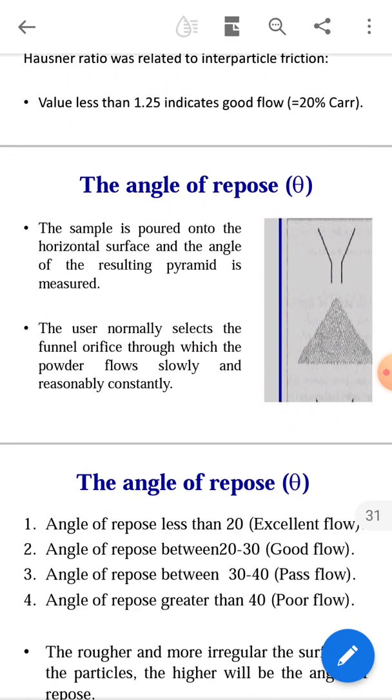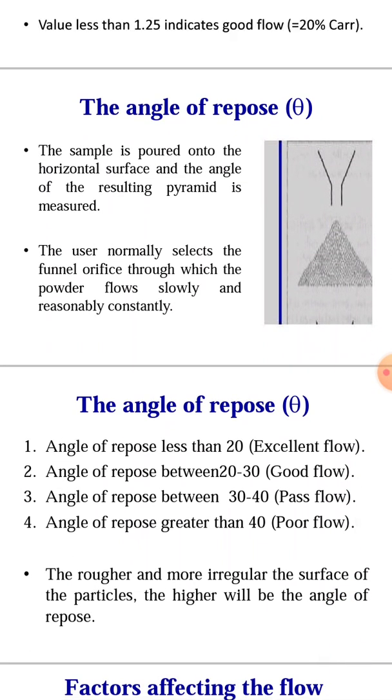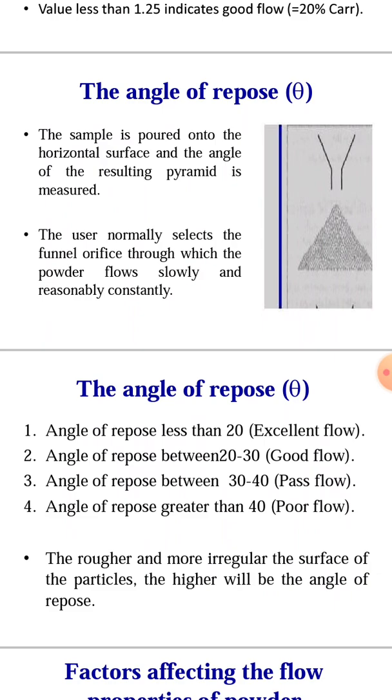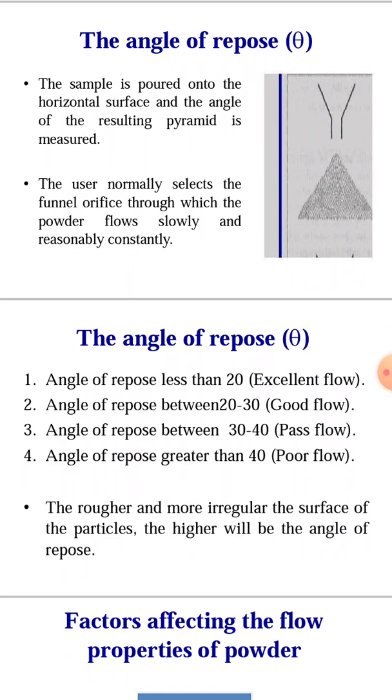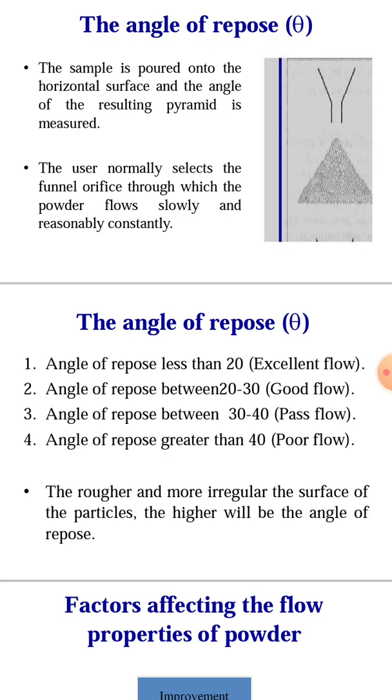Next, the most popular and independent method is the angle of repose, determination of theta. The sample is poured onto a horizontal surface and the angle of the resulting pyramid or pile is measured. The user normally selects the final orifice through which powder flows slowly and reasonably constantly, which you already performed in your laboratory.